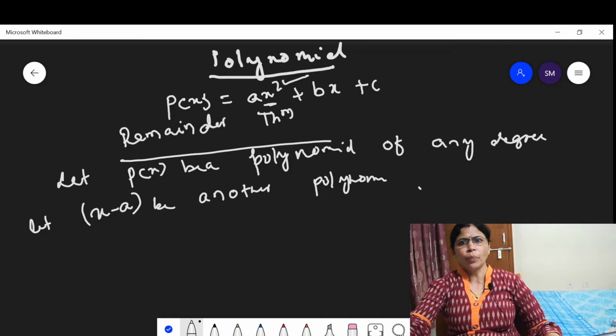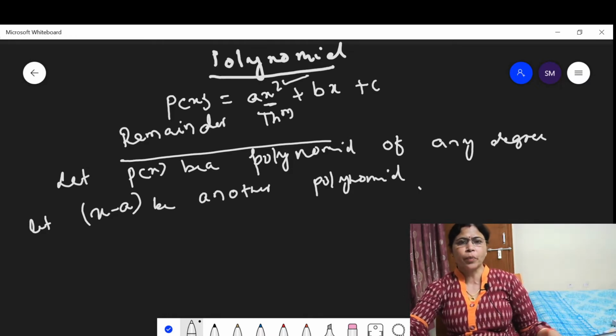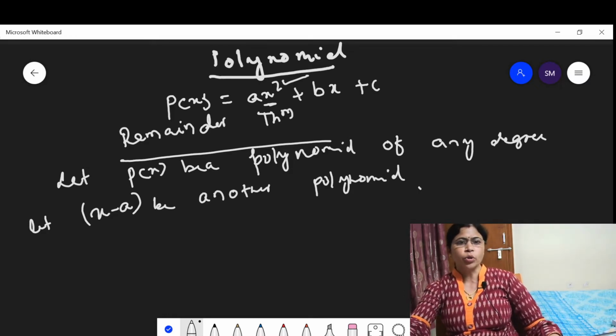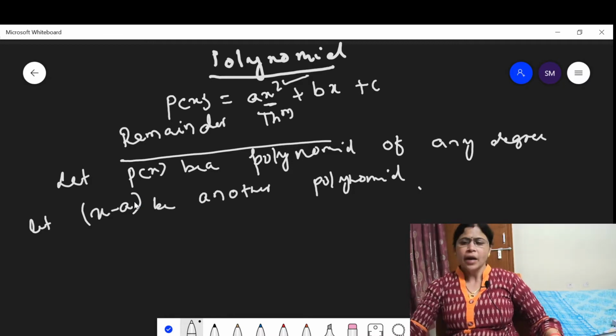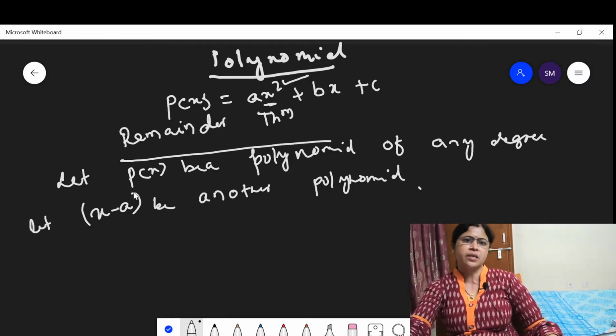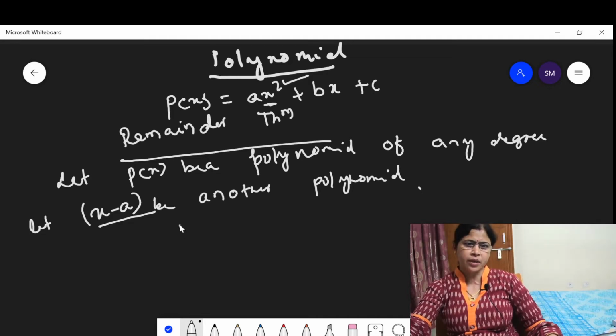Please students, open your notebook and note down the important notes. When P(x) is a polynomial of any degree and x minus a is another polynomial, and when P(x) is divided by x minus a, then P(a) is equal to the remainder.